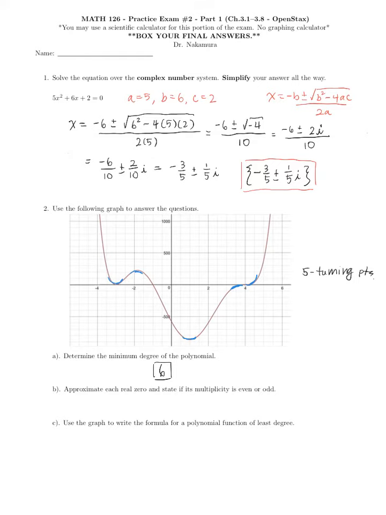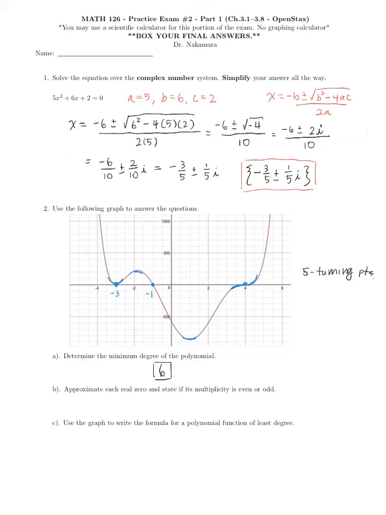All right, now next one. Approximate each real zero and state if its multiplicity is even or odd. Let's first determine all the zeros. I see a zero here. I believe this is x equals negative 3, the way it's written. Now another zero will be right here, so this will be x equals negative 1.